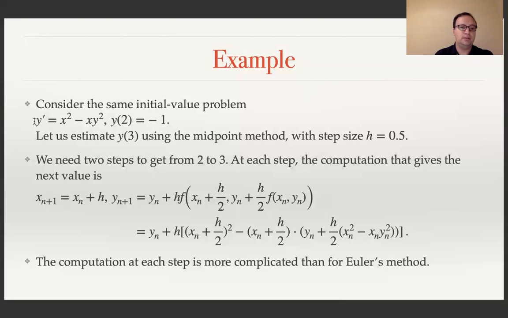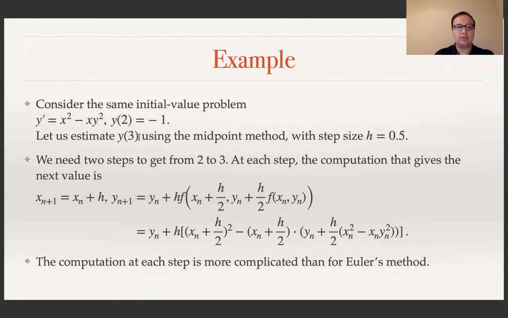So let's do one numerical example. Let's consider the same initial value problem. The problem is y prime is x squared minus x y squared with the initial condition y of 2 is equal to minus 1.